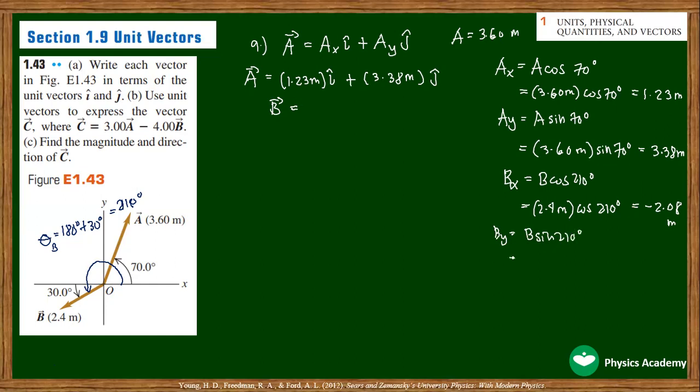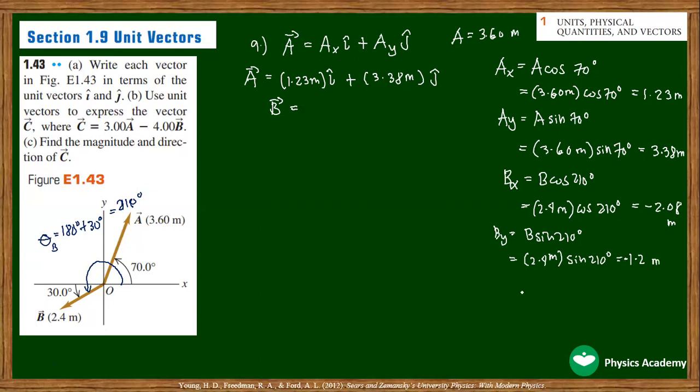For your By, you have B sine of 210 degrees, which is 2.4 meters sine of 210 degrees. 2.4 sine of 210 gives 1.2 meters, so this is actually negative 1.2 meters.